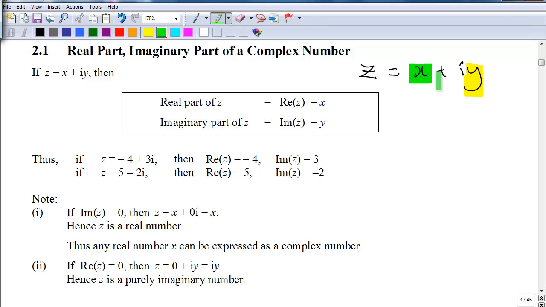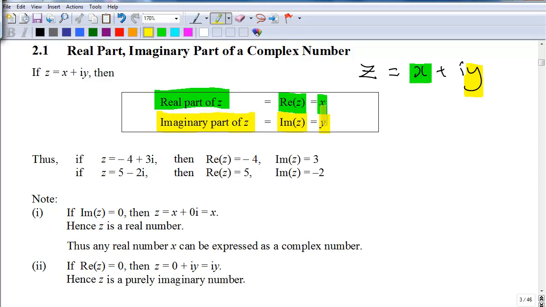The part that is not attached to the i, which is x in this case, is what we call the real part of Z, and we denote it using Re(Z). The part that is attached to the i, y in this case, is what we call the imaginary part of Z, and we denote it using Im(Z).